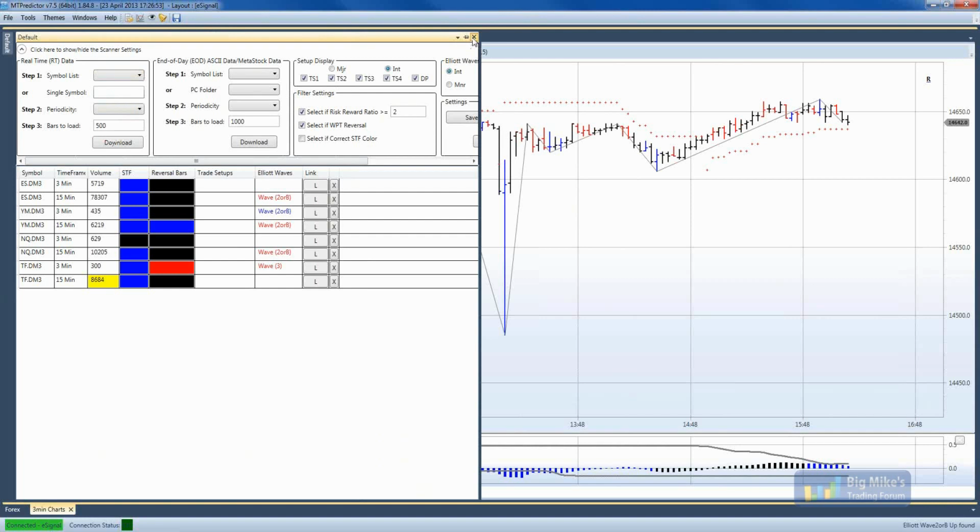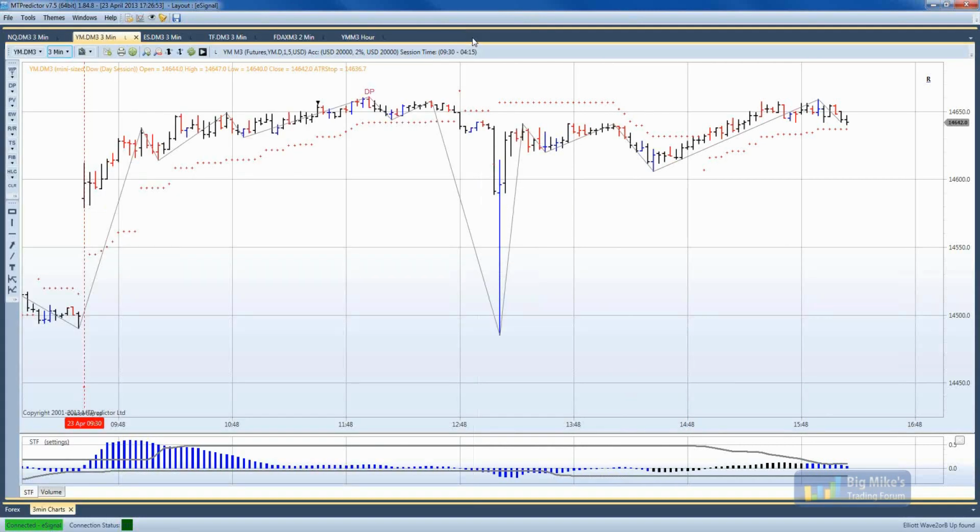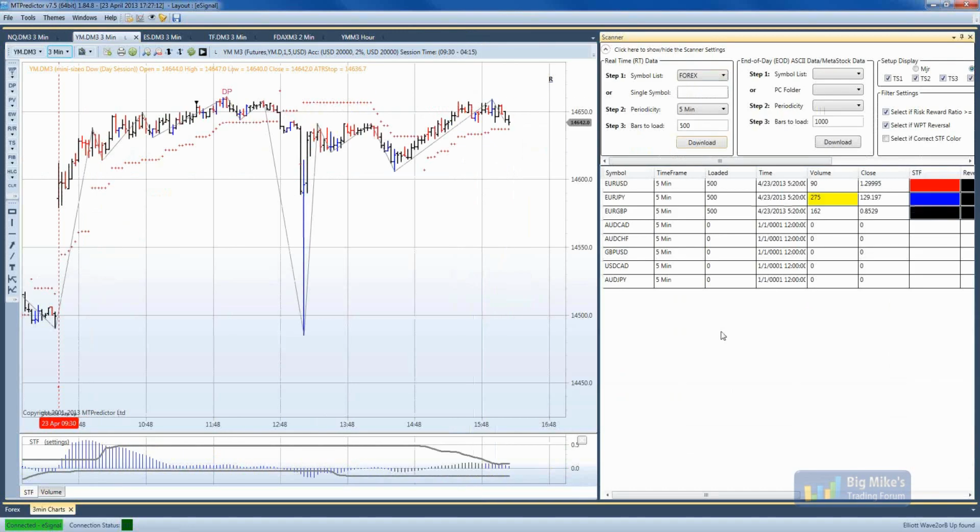Close that. If I do a new scanner, let's say I want to draw in all my Forex list on, say, 5-minute charts, and then download. It'll just go in and do them all at one time, make it really, really quick, really easily.